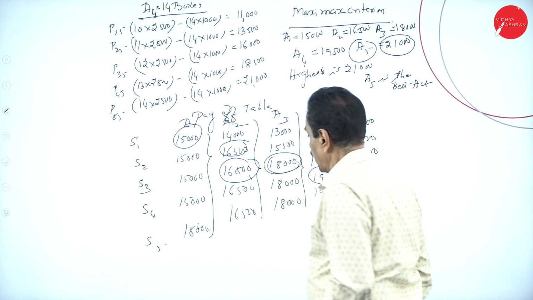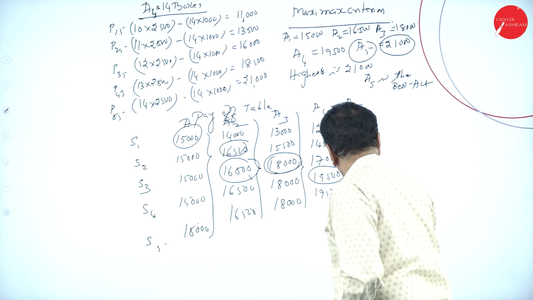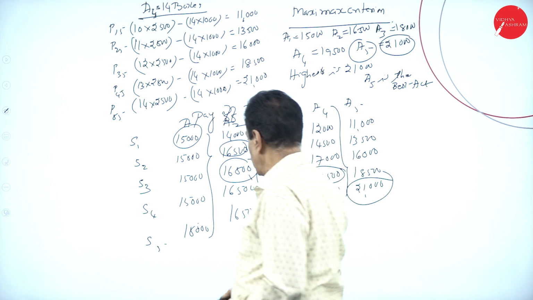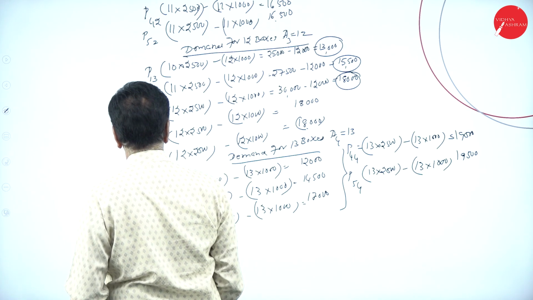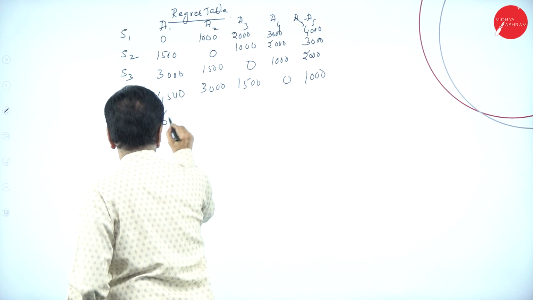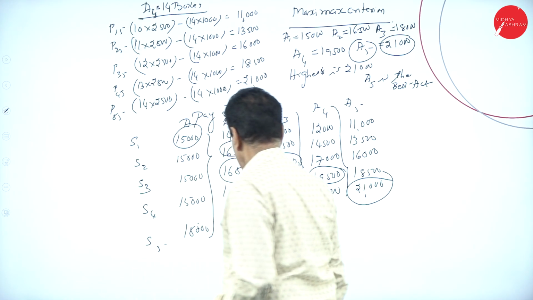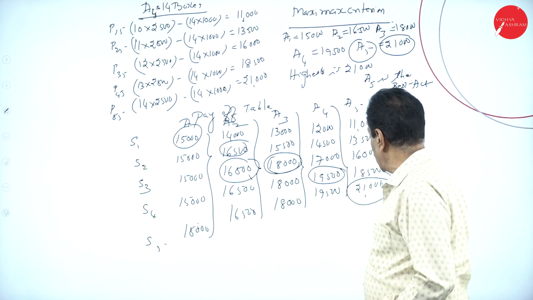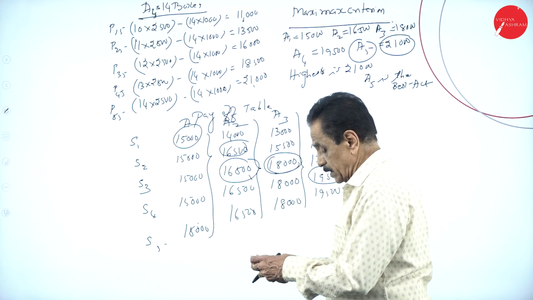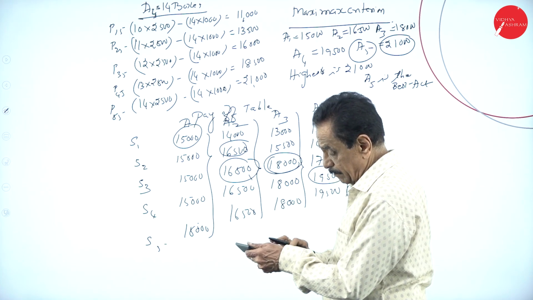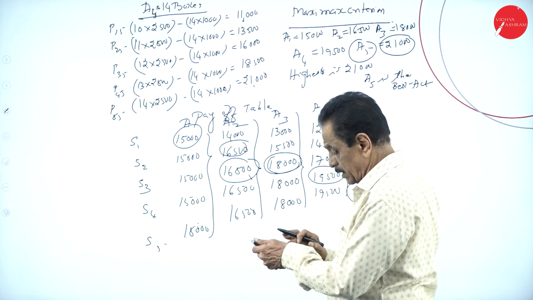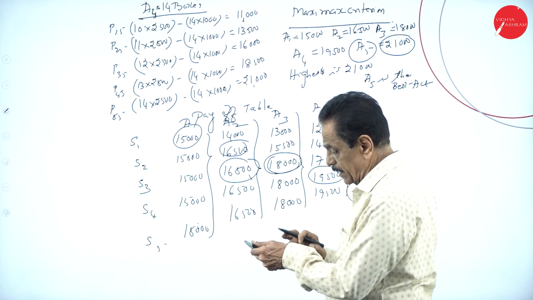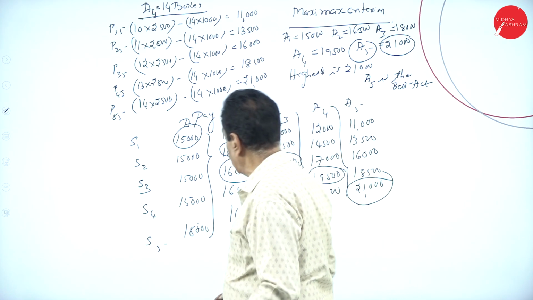Last one, S5. Which is the highest one? 21,000. 15,000 gone, 6,000. 16,500 gone, 21,000 minus 16,500 is 4,500.